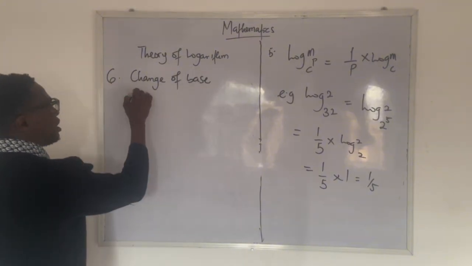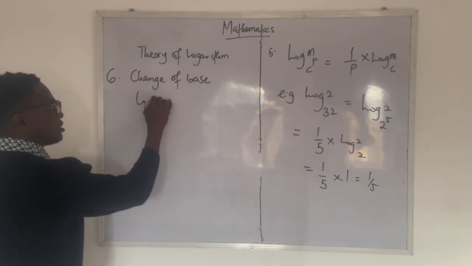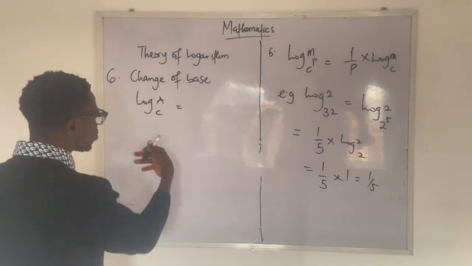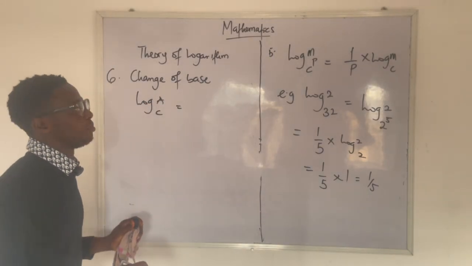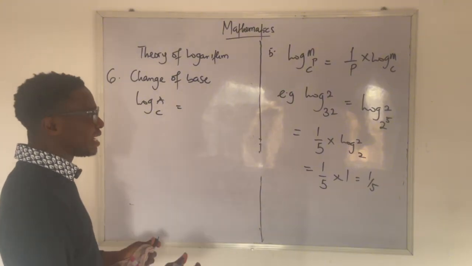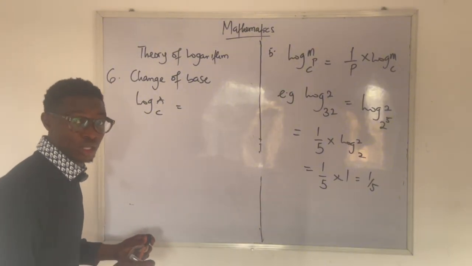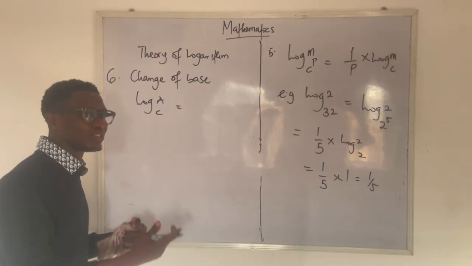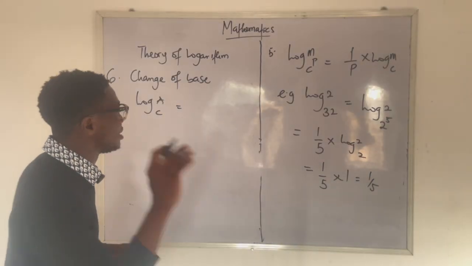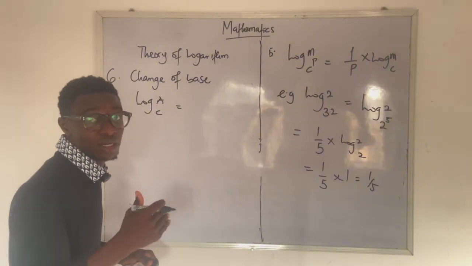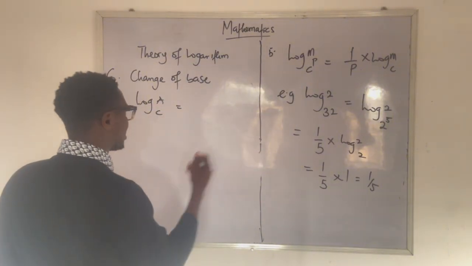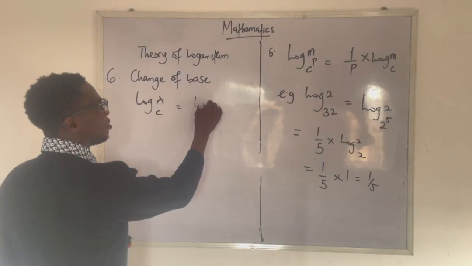Now, when we're talking about change of base, this is log A base C, and I just want to split it. Perhaps I'm given a question that naturally I don't have answers to, but then I can try the method of splitting based on the given parameters.